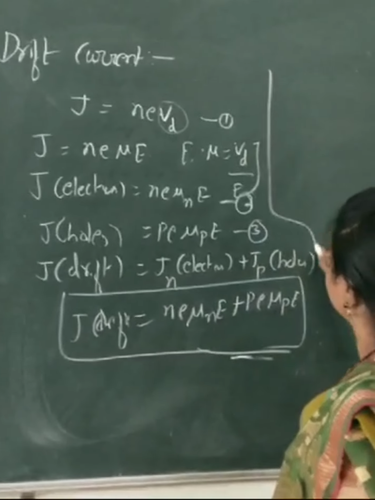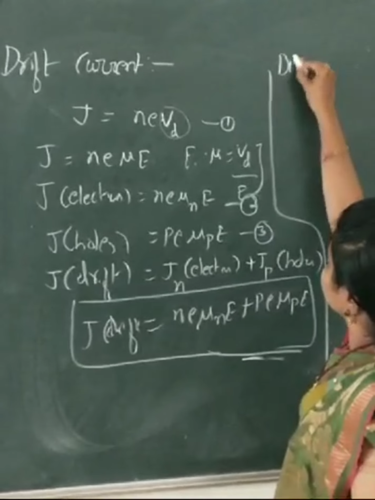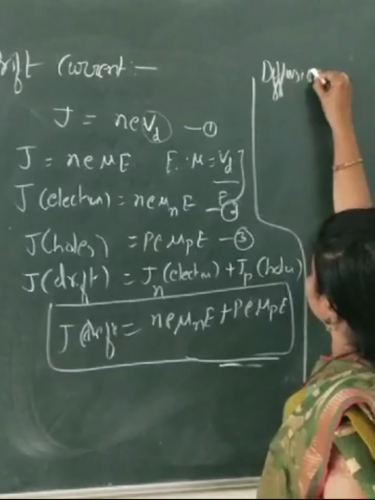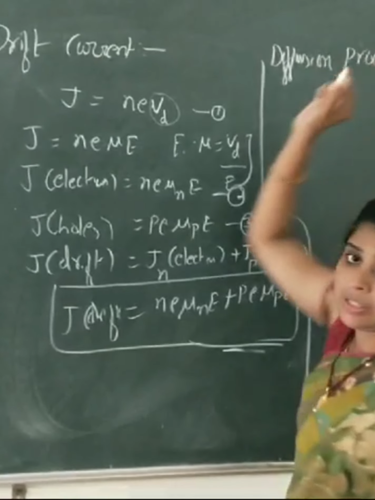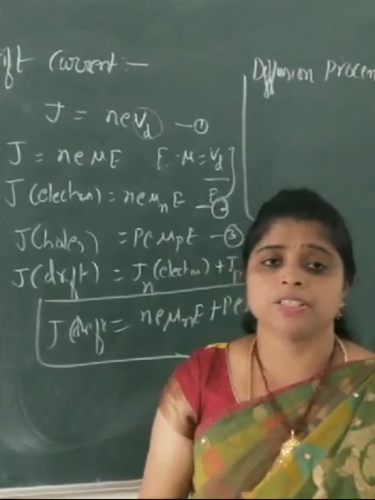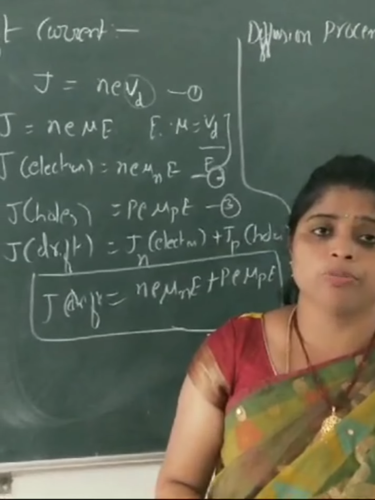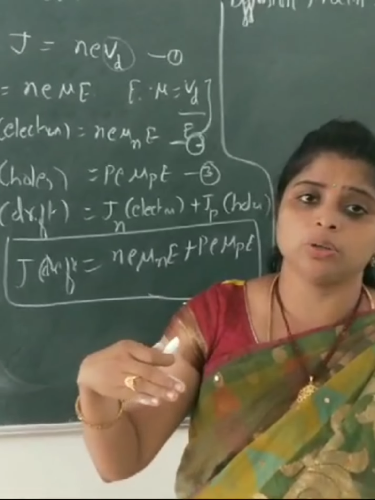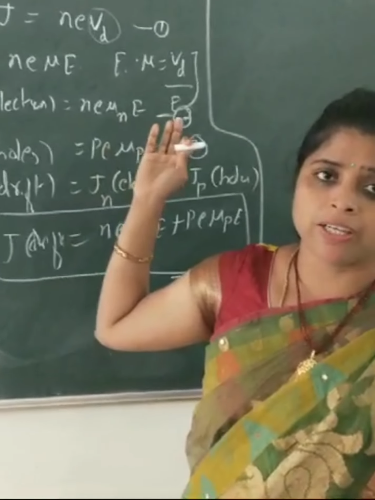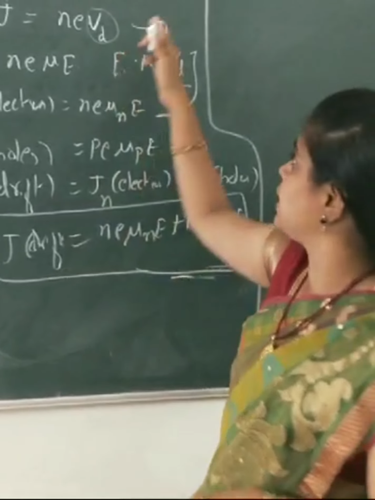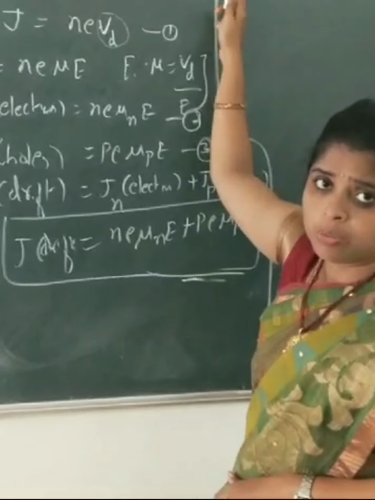Next, coming to diffusion, the diffusion process or diffusion current. Diffusion means the excess charge carriers move from a higher concentration region to a lower concentration region. This transport mechanism of excess charge carriers is called the diffusion process.